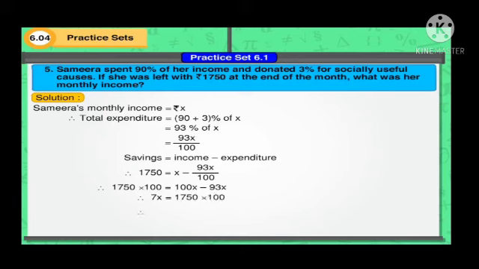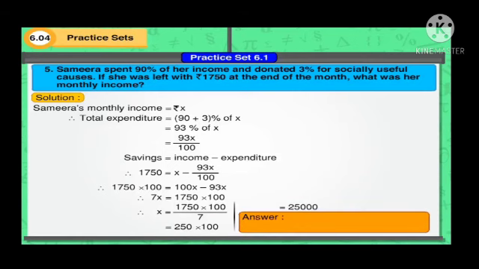Therefore, x is equal to 1750 into 100 divided by 7. Therefore, x is equal to 250 into 100, which is equal to rupees 25,000. Answer: Samira's monthly income is rupees 25,000.